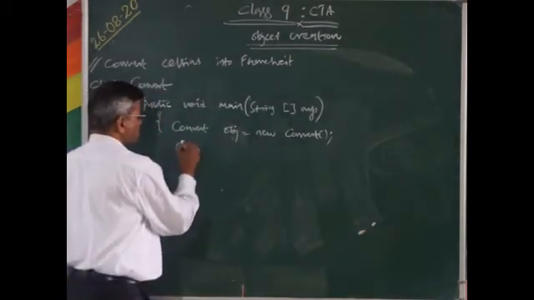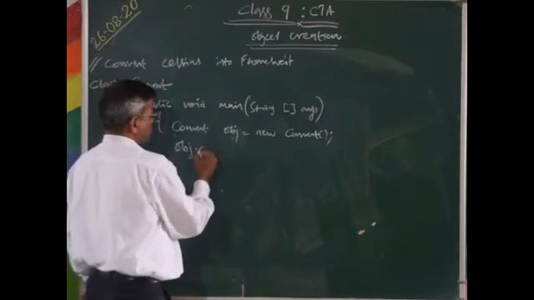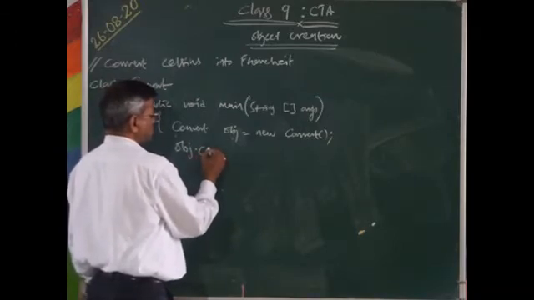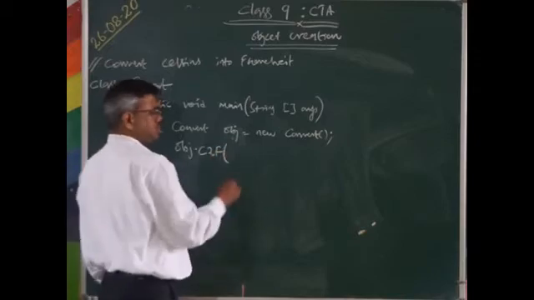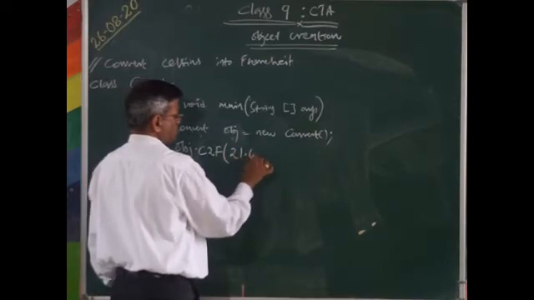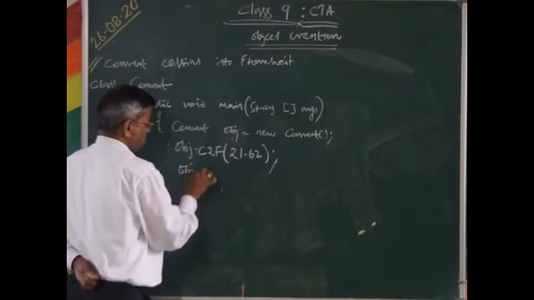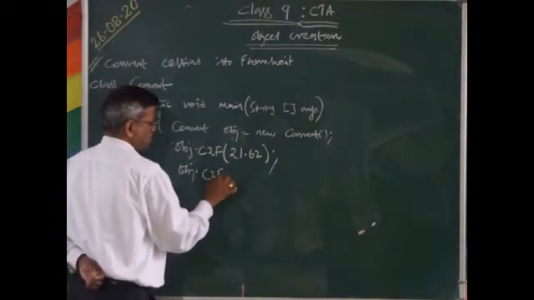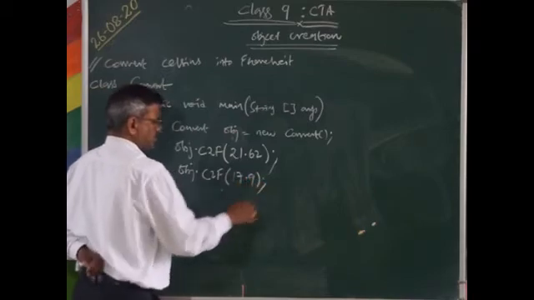With the help of this obj, Celsius to Fahrenheit: today's temperature, let's say 21.60. The second time, the same method is executed, C to F, 17.9.